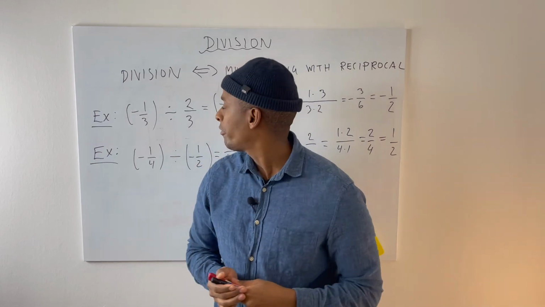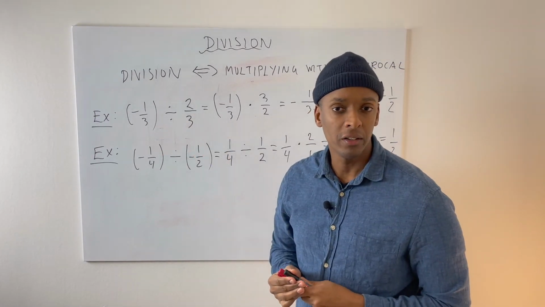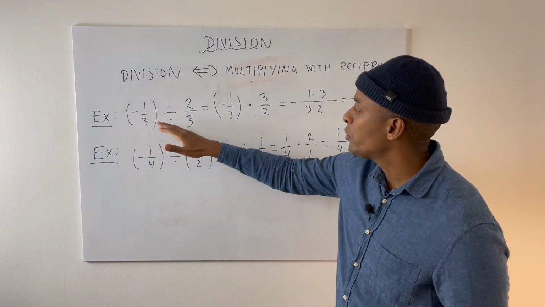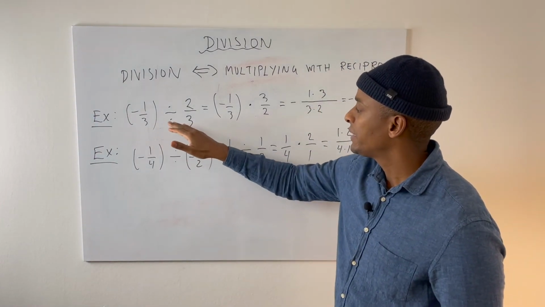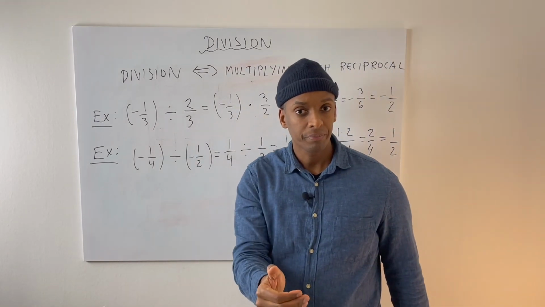Finally, we saw how to divide rational numbers: instead, we can multiply with the reciprocal.